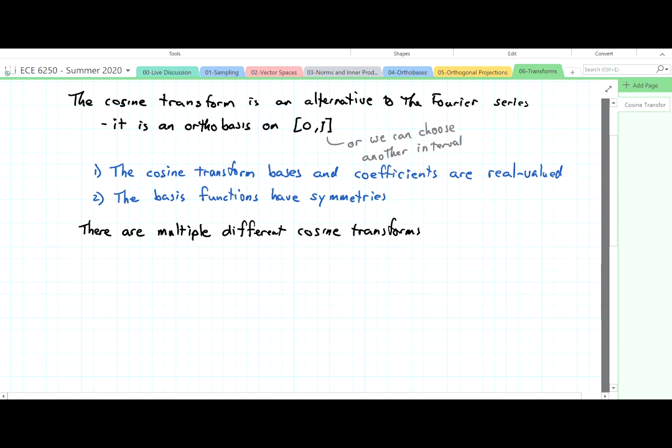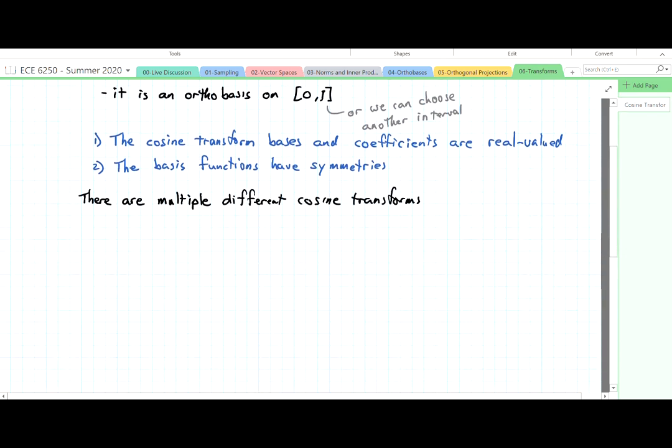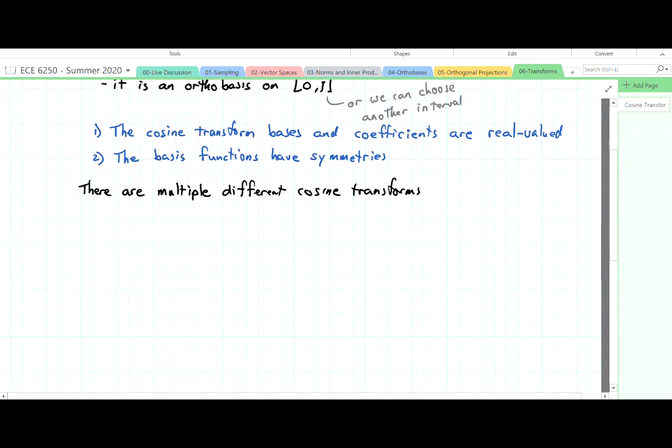And like I say, we will start with the continuous time, but then we'll get to the discrete one, because that's the one we typically use in signal processing systems.